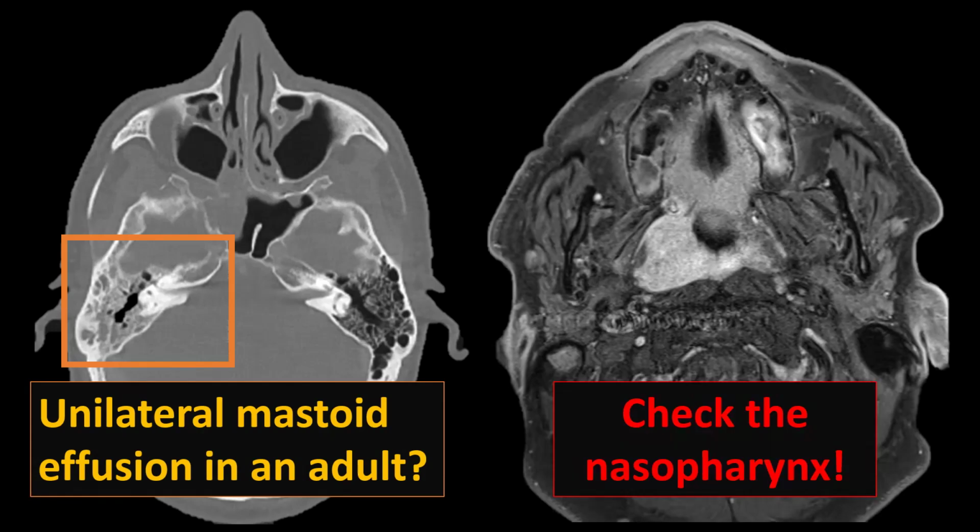So if you get a tumor there that obstructs the Eustachian tube orifice, then you will get a unilateral mastoid effusion and or opacification. So check the nasopharynx, and on this axial T1 weighted image with FATSAT and gadolinium, we see a large tumor located on the right side of the nasopharynx.